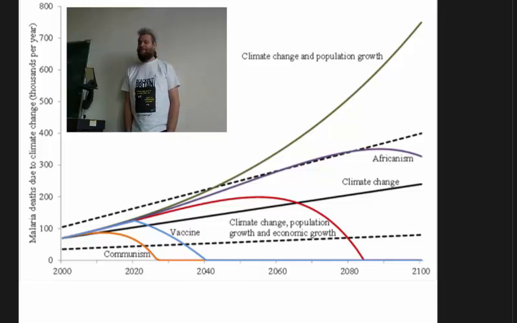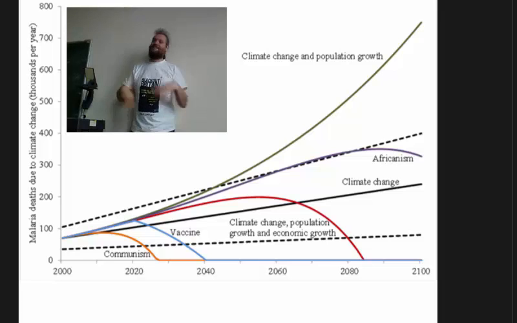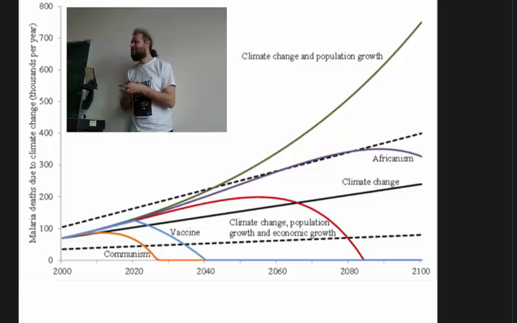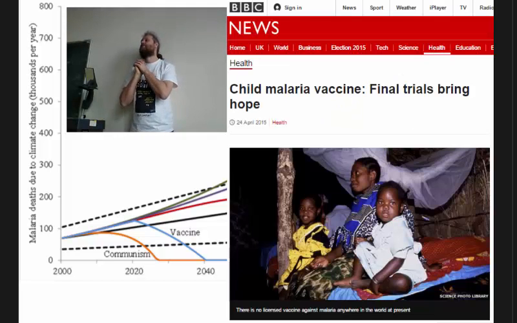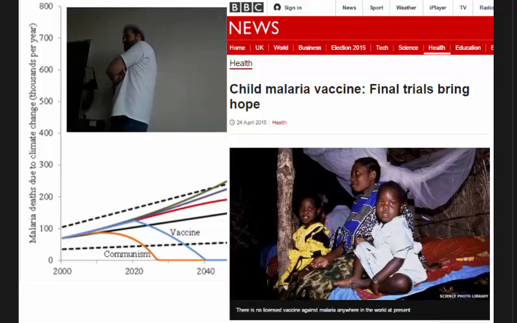10 years ago, people said, you cannot invent a malaria vaccine. It's too complicated. The disease is not a single disease. It's a complex of afflictions. You can't invent a malaria vaccine. Last year, they went on trial. So maybe 2020 is a realistic goal. Who knows?